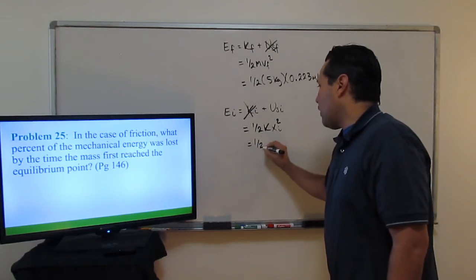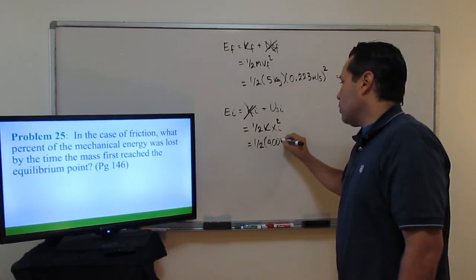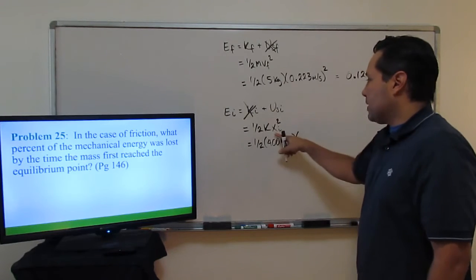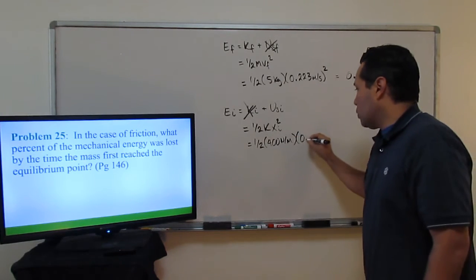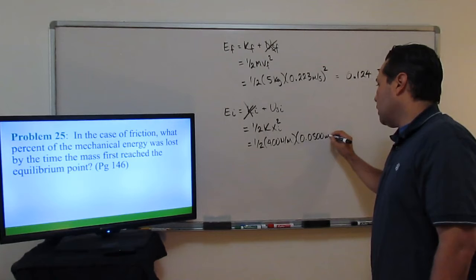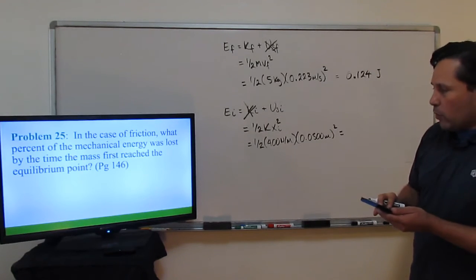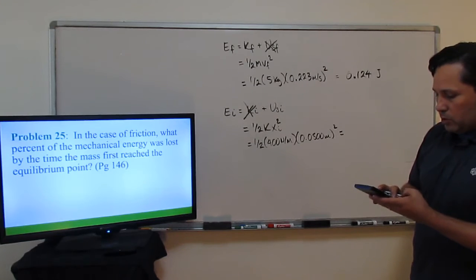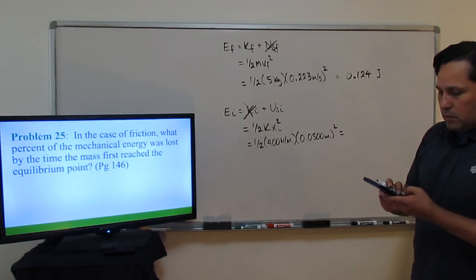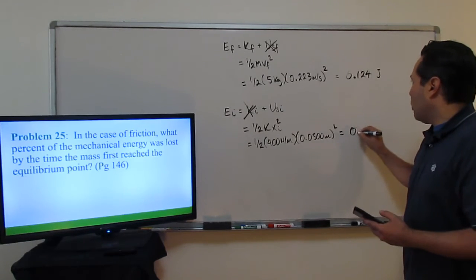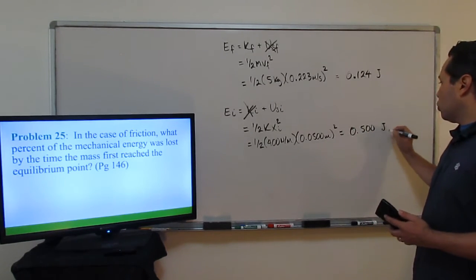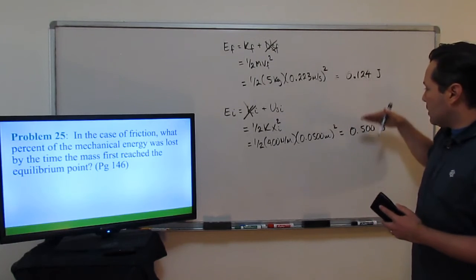So that will be 1/2 the constant, which is 400 newtons per meter, multiplied times the compression, which is 0.0500 meters squared. So the initial amount of mechanical energy was 0.05 squared times 400 divided by 2, 0.500 joules.